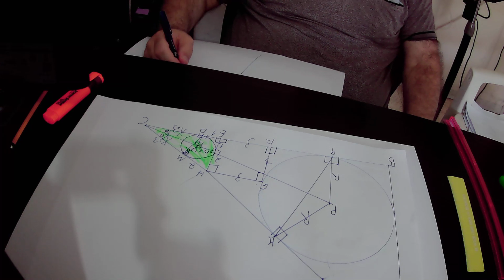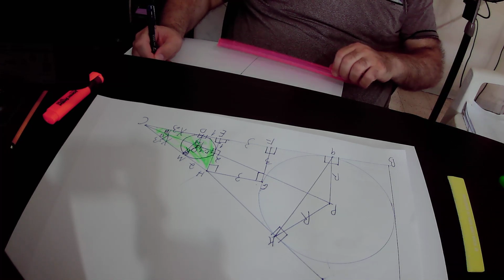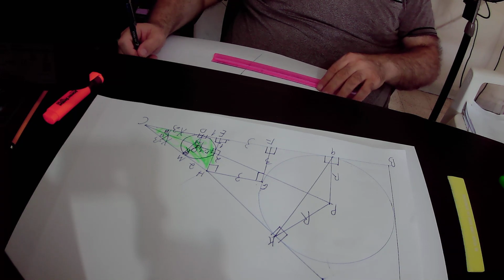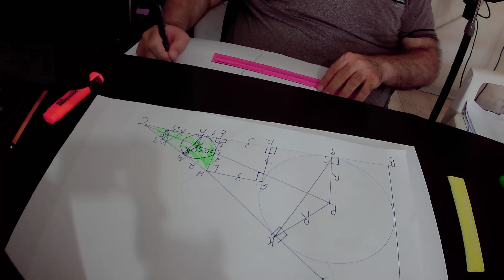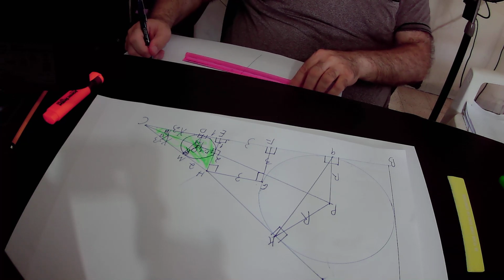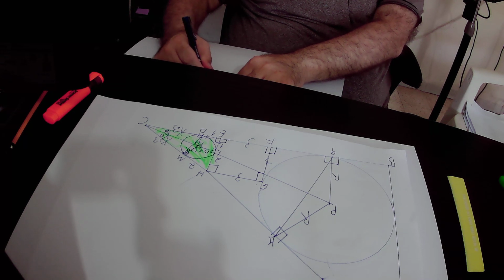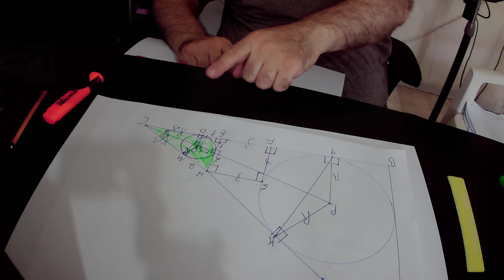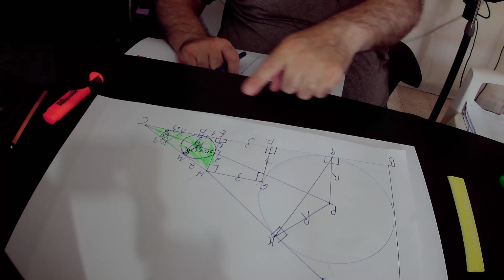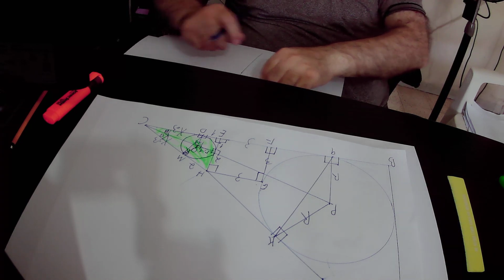Okay, so our claim is that angle bisector OC passes through point P. I'll repeat again. It is exactly to prove that the three points P, O, and C are located on the same straight line.